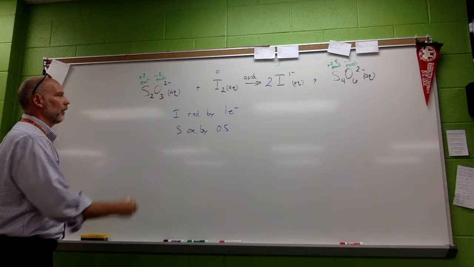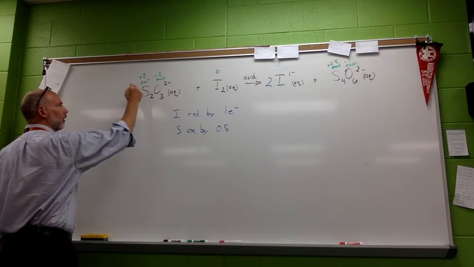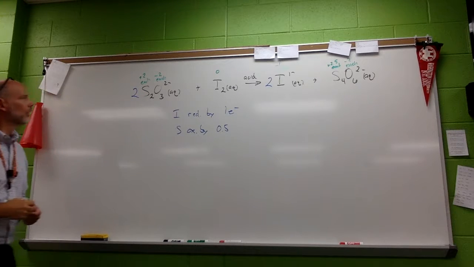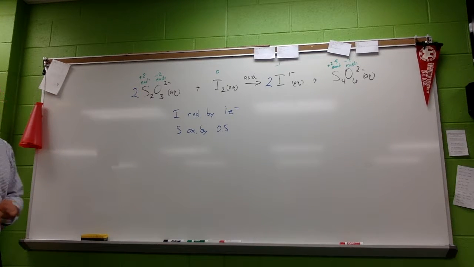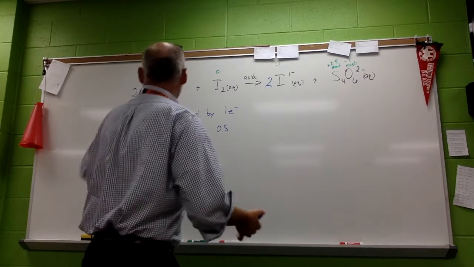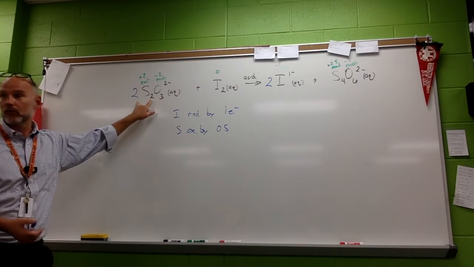All right. But if I do this, will that be enough? I get it, but is the electron transfer balanced? Remember, that's the whole goal of what we're trying to do here. So we've got 4 atoms of sulfur.